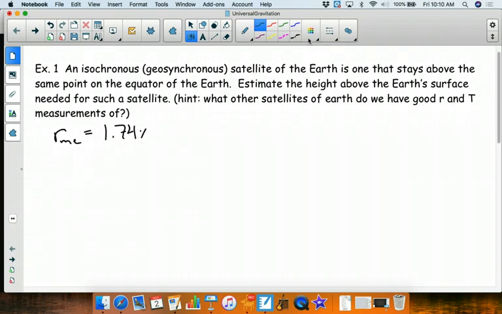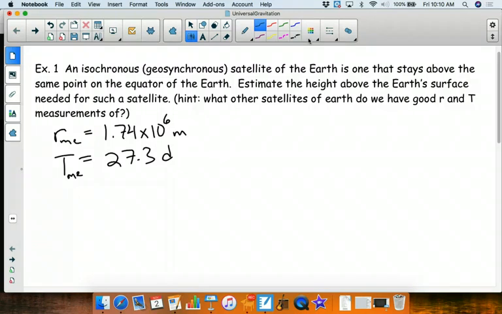1.74 times 10 to the 6, and that's in meters. And what's its period of the moon as it orbits Earth? 27.3 days. Okay? Wouldn't we take the radius of orbit?